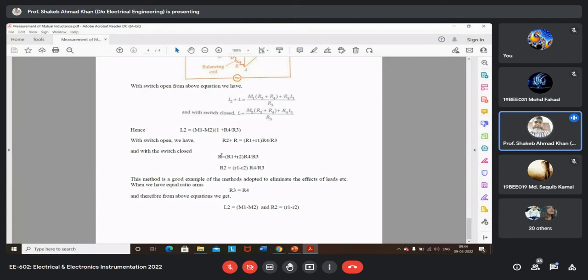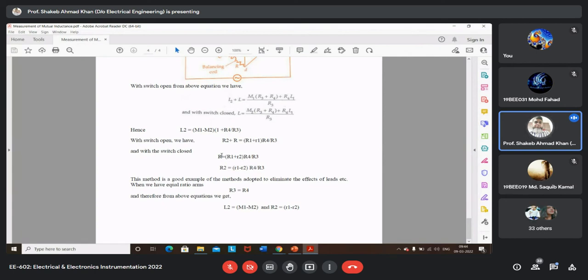This particular method of measurement is not confined only to bridges; it extends to any measurement system, where common types of error will be taken care of.